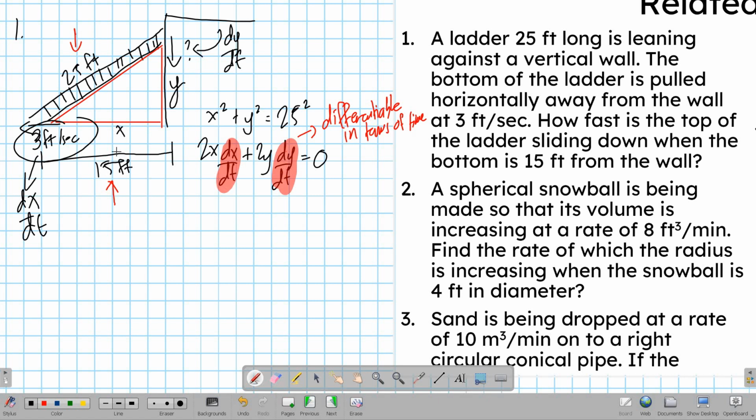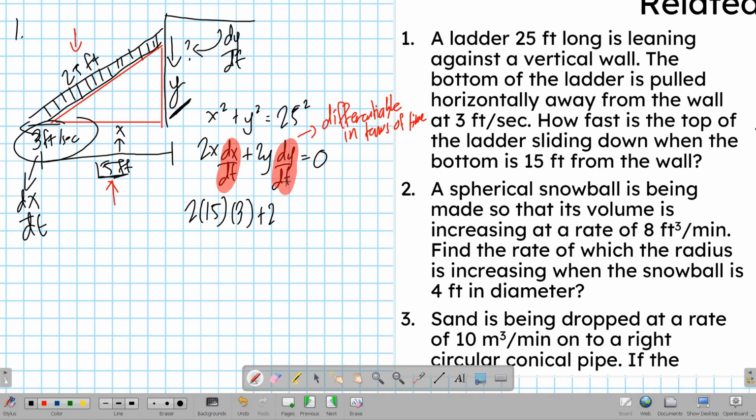And the length of the horizontal side at that specific moment is 15. So we have the value of x, we have dx over dt, and we're solving for dy over dt. Plugging in the values, we have 2 times x, which is 15, times dx over dt, that's 3 feet per second, plus 2 times y. Now here, we did not mention any value of y.